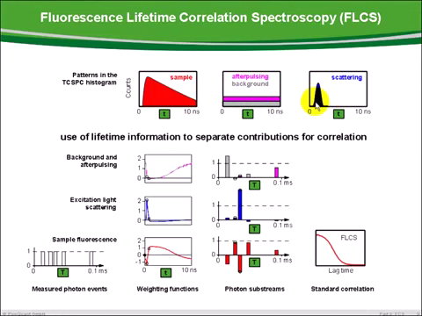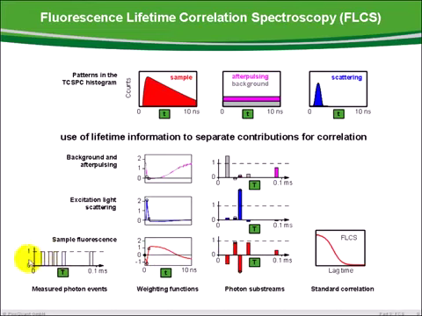From these different patterns, filter functions are calculated which weight the incoming stream of photons according to their arrival in the 10 nanoseconds time window. The first photon, for example, arrives here at a very early time. It gets a negative weight since it is most probably a scattering photon.